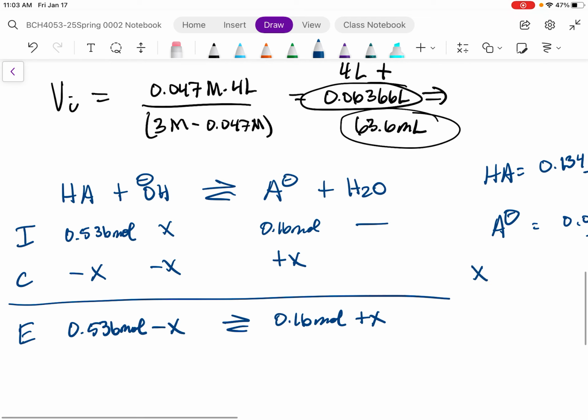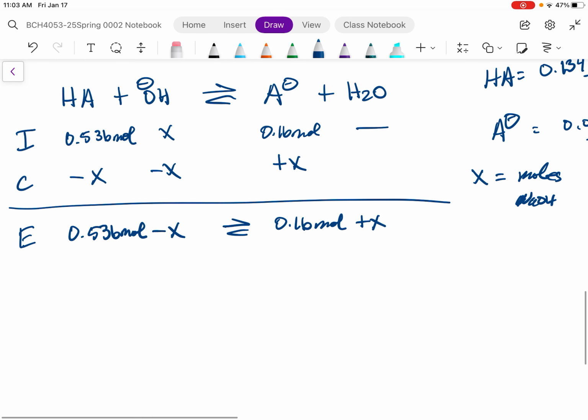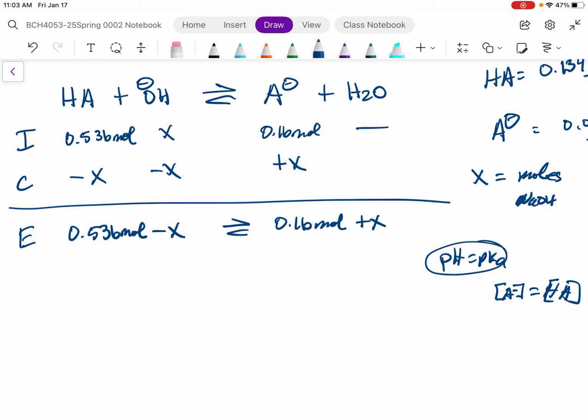Now, in this case, what does X equal? That equals the moles of our sodium hydroxide solution. We're not in concentration anymore, we're just dealing with moles. We know that if the pH equals the pKa, then the concentration of A minus has to equal the concentration of the acid, so we can also say the amount of moles would have to be the same as well.